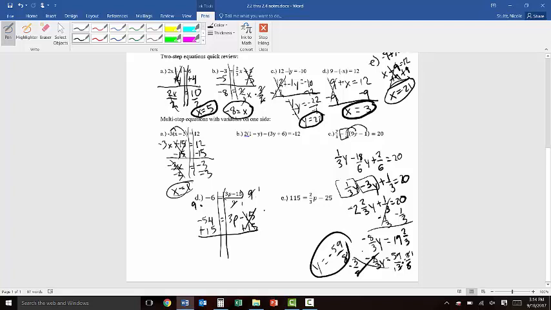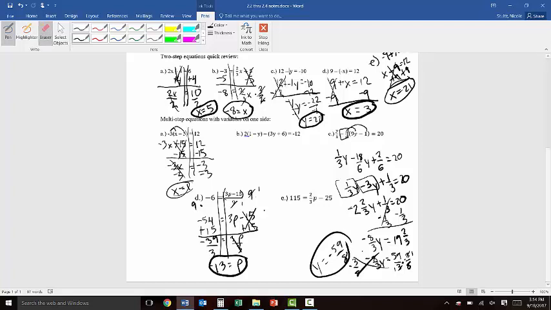And 54 minus 15 would be, I believe, negative 39. And then we'll finish by dividing. So we should get negative 13.